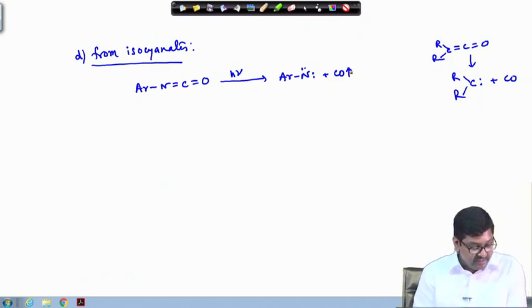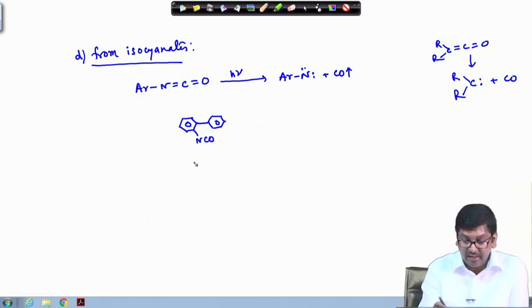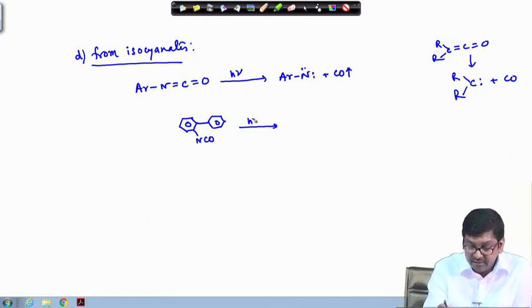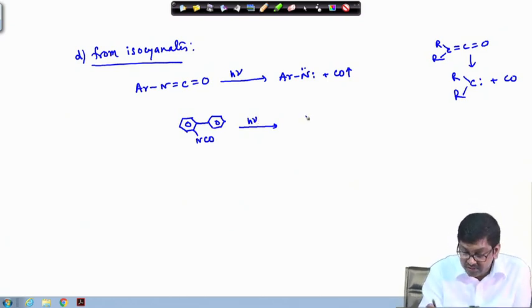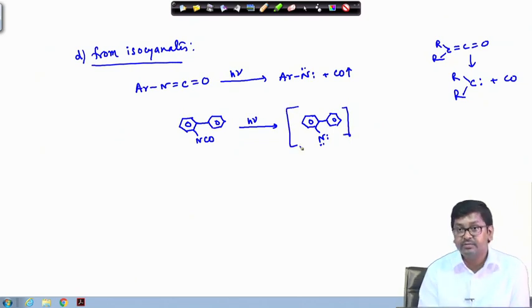As an example, take this particular isocyanate under photochemical irradiation. What has formed? This has formed the corresponding carbazole moiety through the generation of this nitrene species.